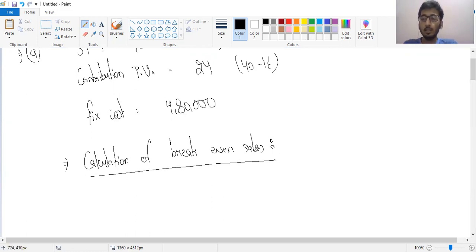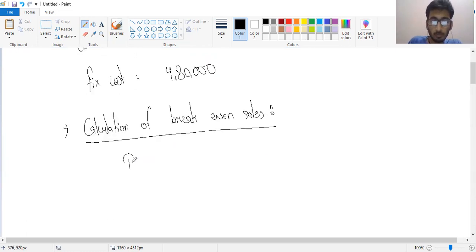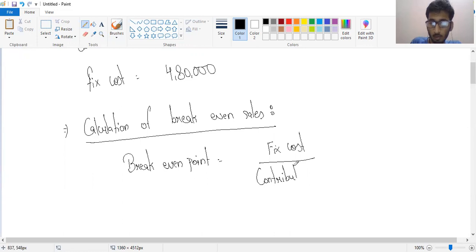The break-even point is fixed cost divided by contribution per unit. By this method, we'll get the break-even point in units.